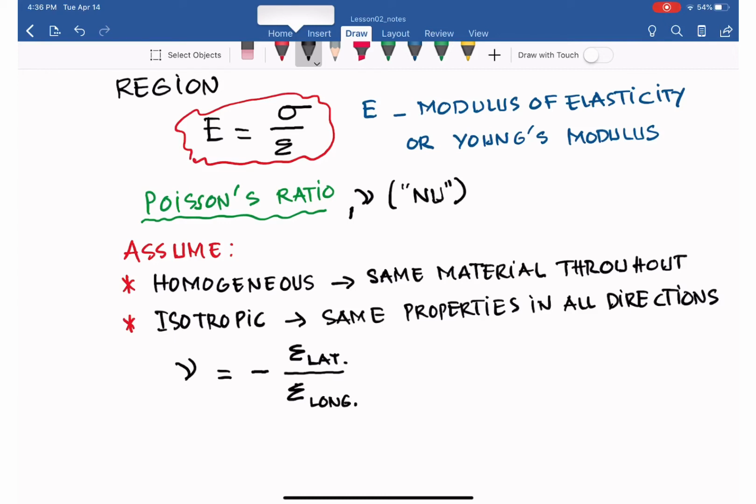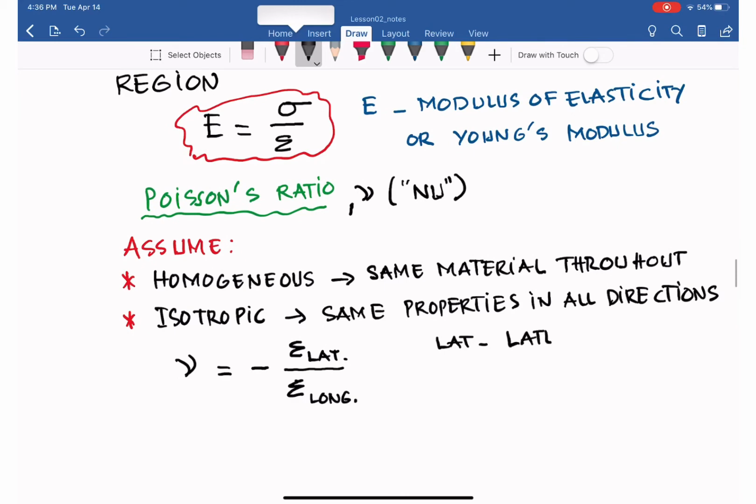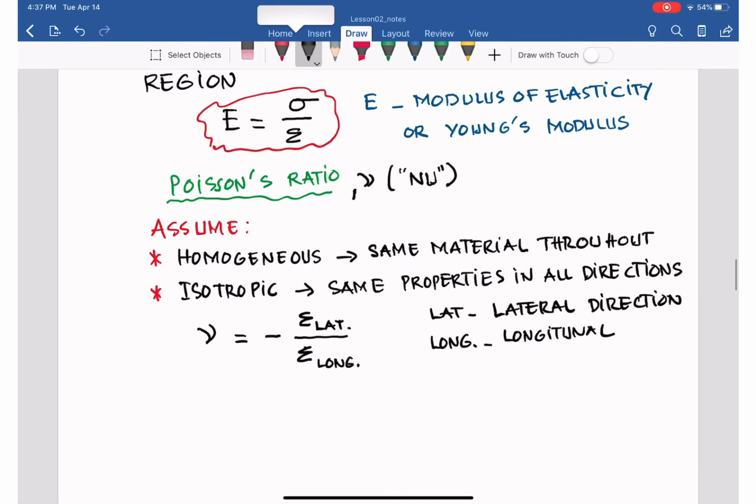So let's define that: lateral direction, and the longitudinal direction.